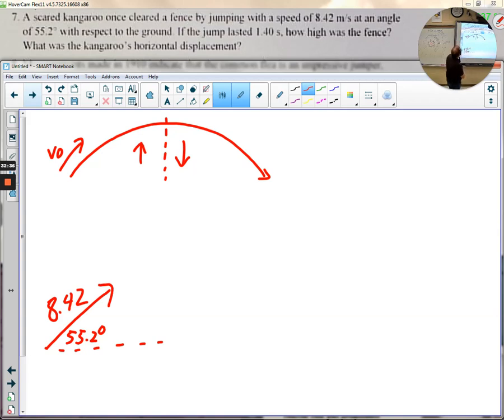We're really only going to have to look at the first half of this. Horizontal displacement, what they're talking about right there, that's going to be delta x, our delta x total.